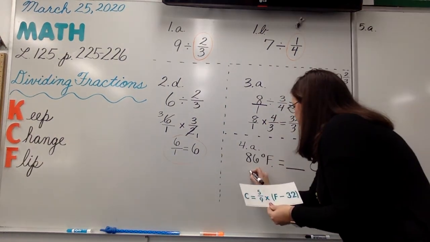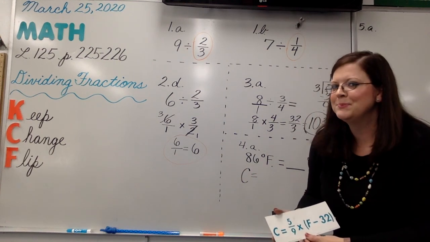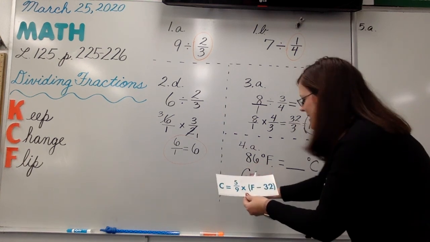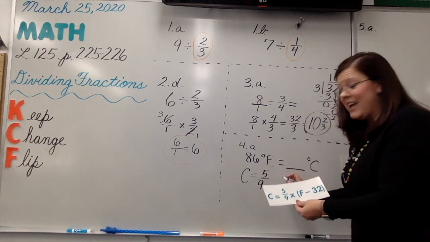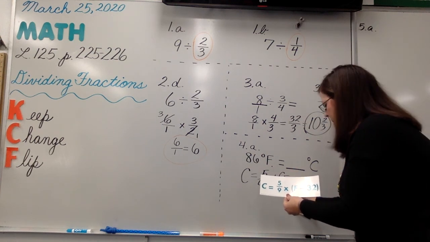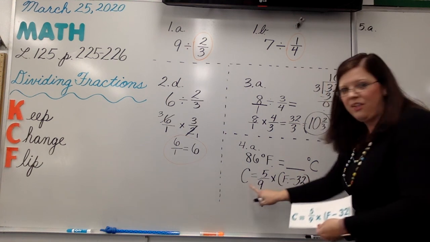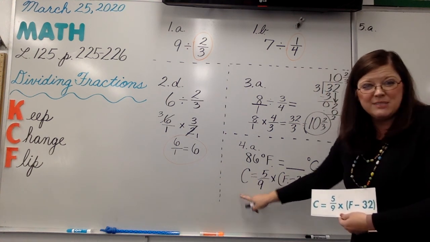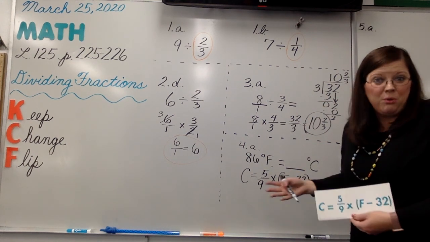Say it with me. C equals, I'm not hearing you. Are you saying it with me? Okay, let's try that again. C equals 5/9 times parentheses F minus 32. Now this C for Celsius reminds me that I'm going to have two things that look like C's, the parentheses.